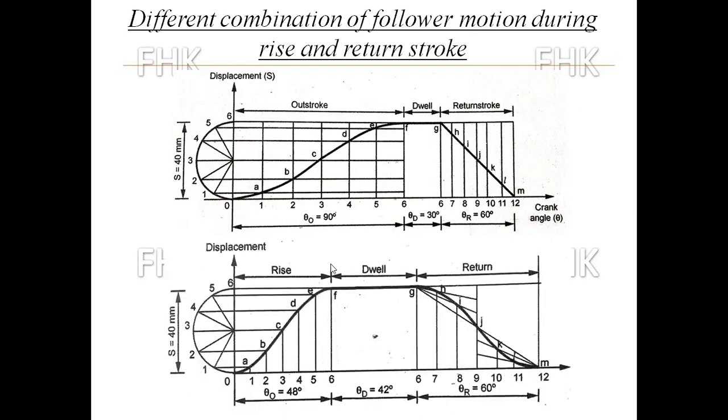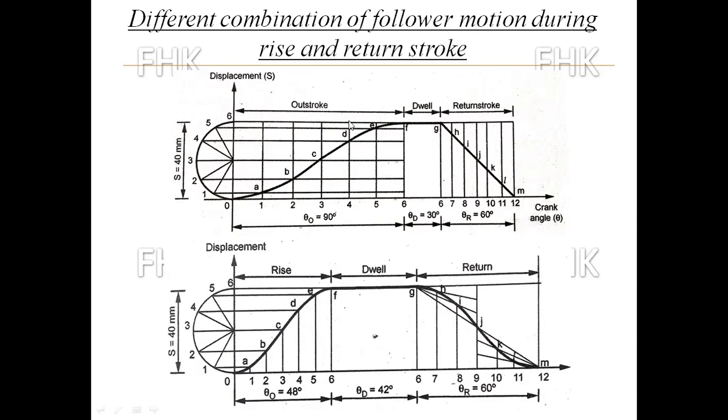And in the next problem statement, you can see in forward stroke the simple harmonic motion is given, and in return stroke uniform acceleration and retardation motion is given. So any combination can be given in the examination. You have to read the problem statement carefully, and according to the given data, you have to draw the displacement diagram.